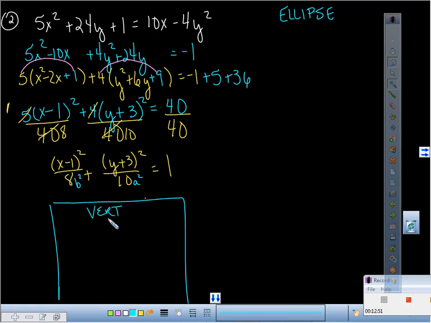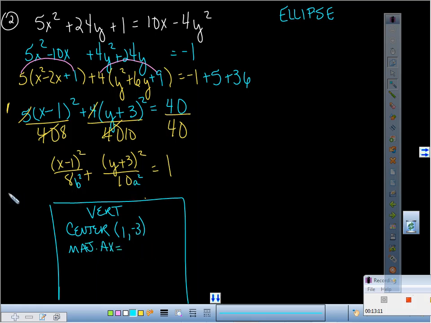Next thing it asks us to find is the center. What's the center? 1, negative 3. Perfect. The next thing it asks us to find is the major axis. Now, the major axis is 2a.